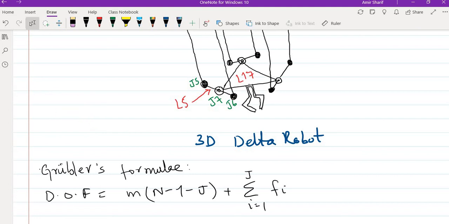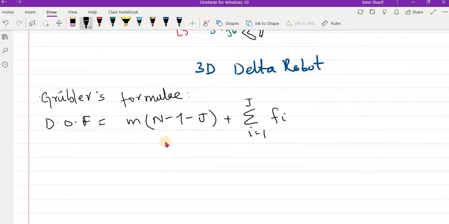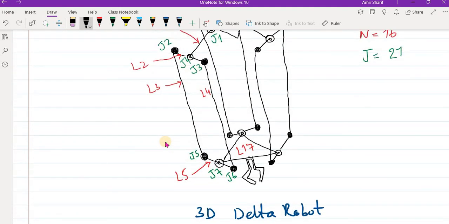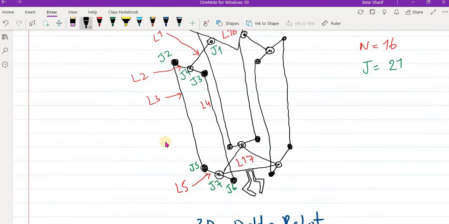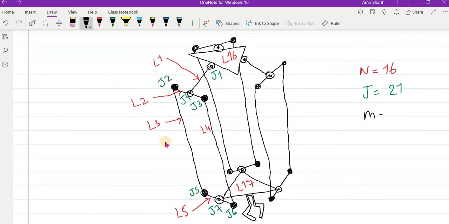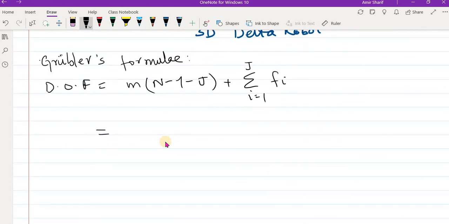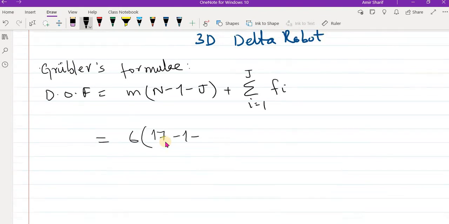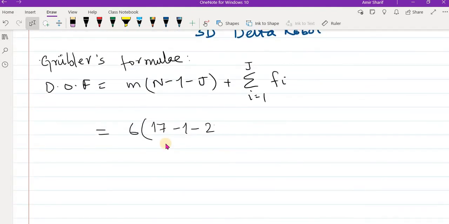In this case, because it's a 3D representation of the delta robot, m will be equal to 6. So we write down here m is equal to 6, and the number of links is 17, minus 1, minus the number of joints, 21, plus the sum of the freedom of each joint.